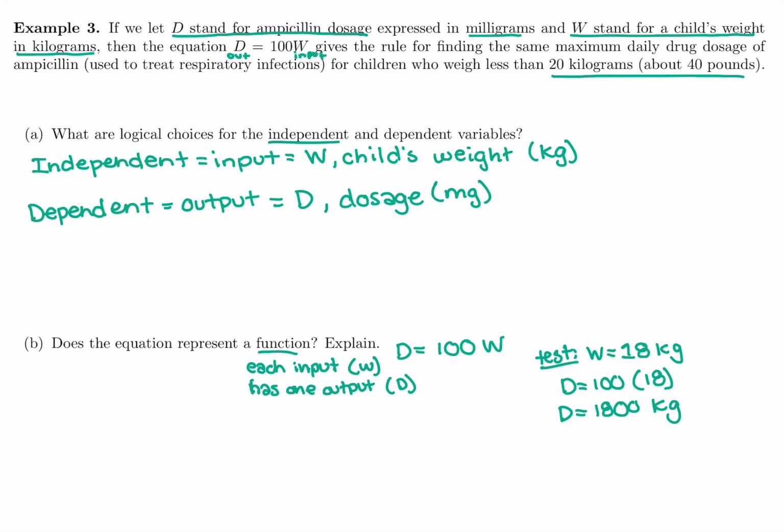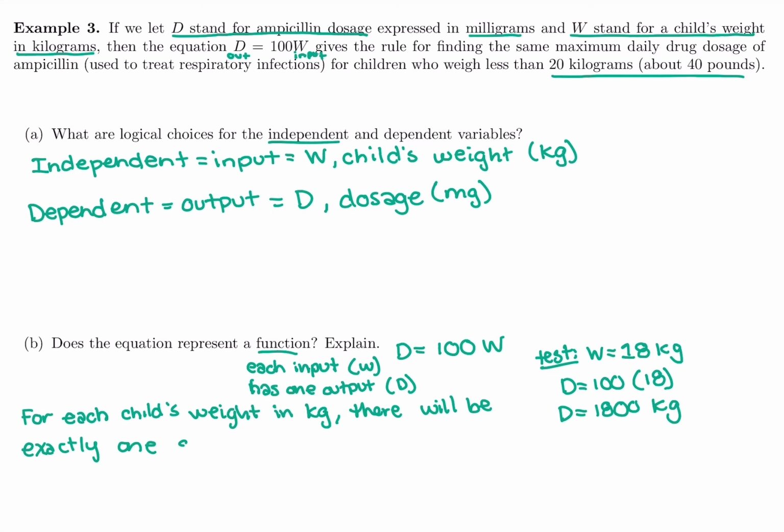But we're going to say for each child's weight in kilograms. So if that's for each input, the child's weight in kilograms, there will be exactly one suggested daily max dosage in milligrams.